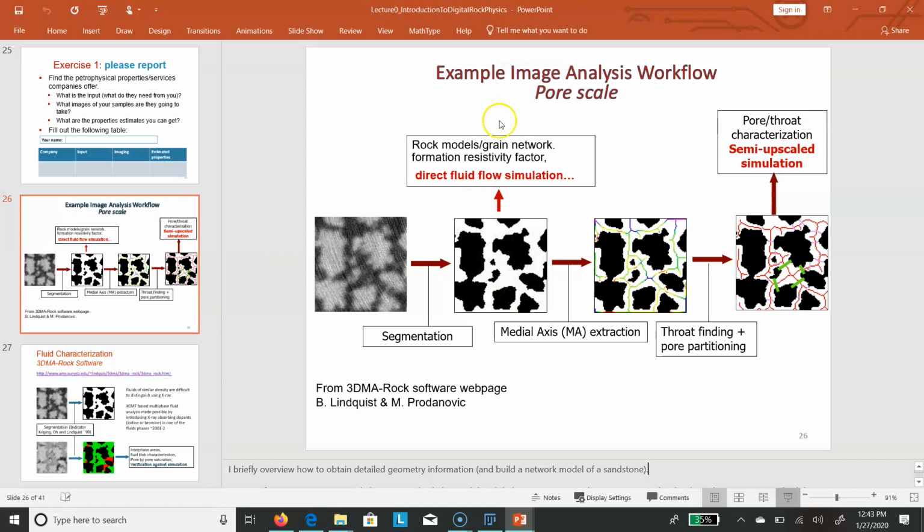There's a review paper on imaging and modeling by Blunt in 2013. He has since written a book. I have a book in my office if you're interested in looking at it. It should be available in the reading room at Petroleum Engineering. And then there are some of these review papers that we will bring up as we go.